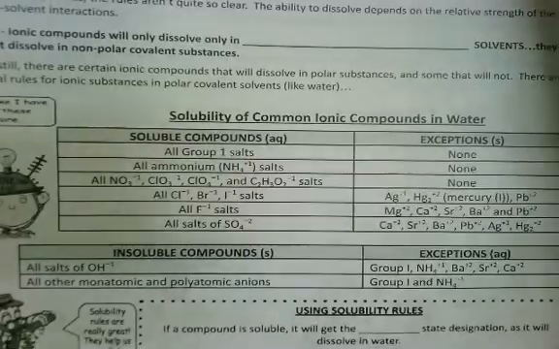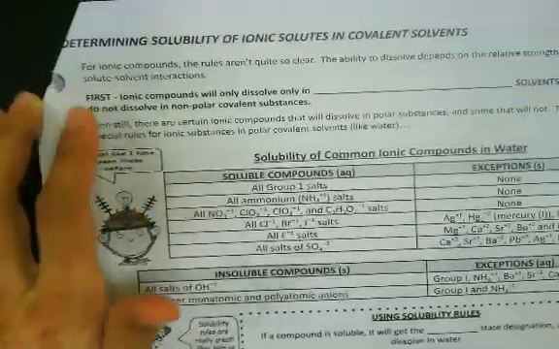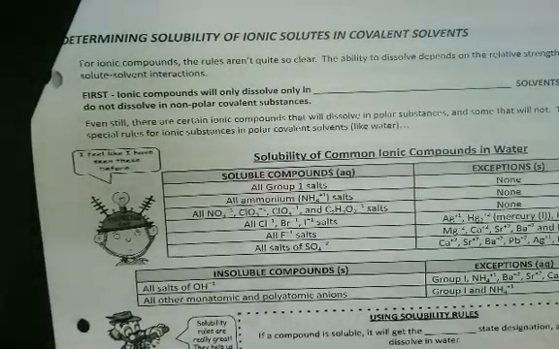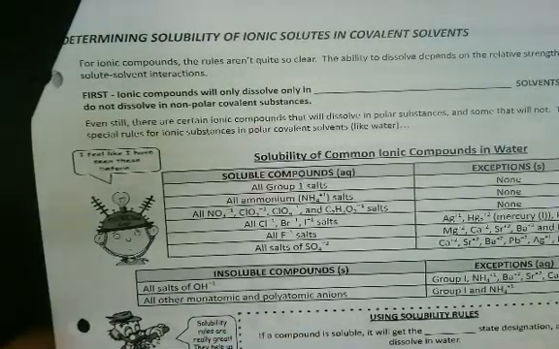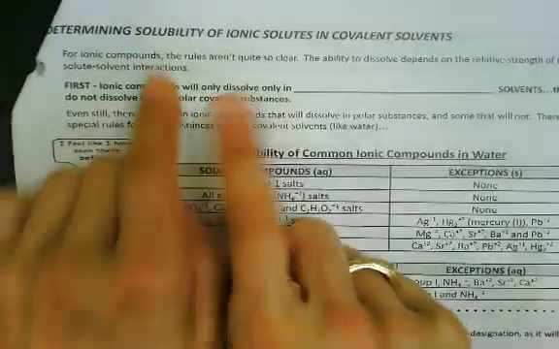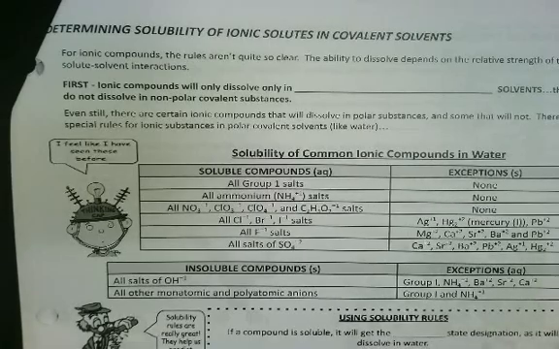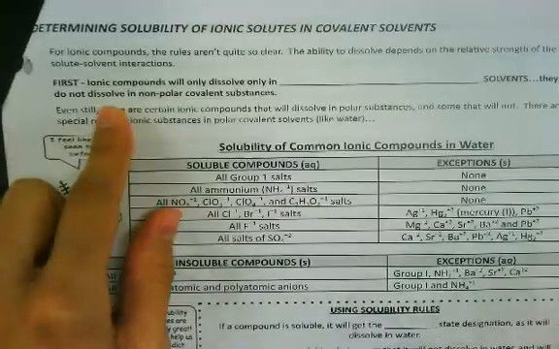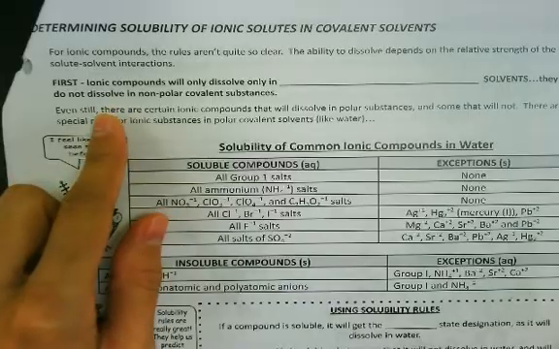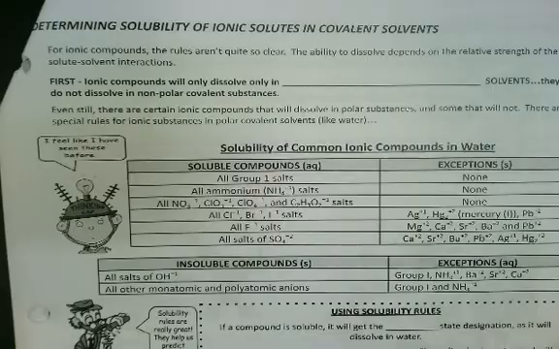Cool. Then let's go ahead and talk about how we can figure out if an ionic solute will dissolve in a covalent solvent. Okay? We were just talking about covalents dissolving in covalents. Now we're going to talk about ionics and whether they can dissolve into covalents. For ionic compounds, the ability to dissolve is going to depend on the properties of the covalent compound.